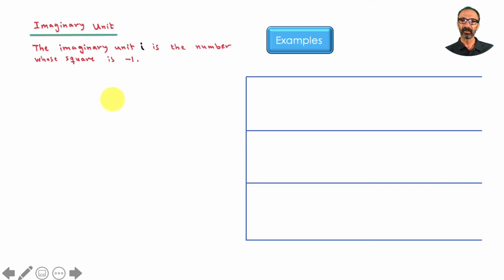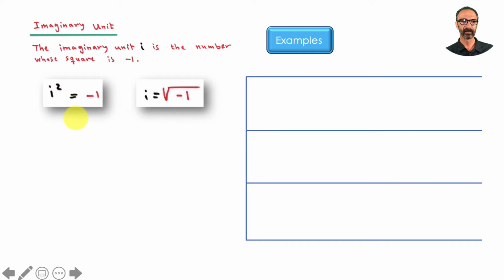Let's talk about the imaginary unit. What we mean by imaginary unit: the square root of negative 1 is undefined. There is no such thing as a non-negative number that you multiply by itself and it will give you negative 1.